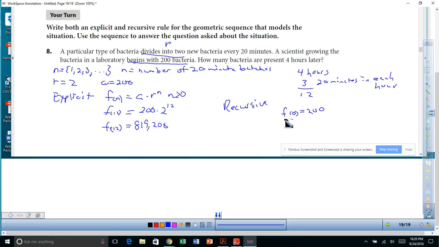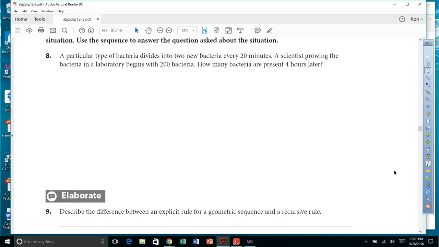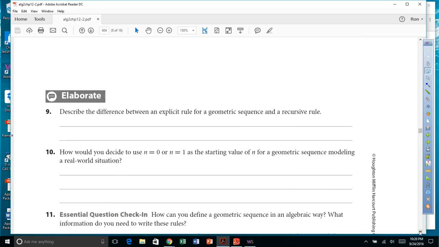And then F of N equals 2 times F of N minus 1, for N greater than or equal to 1, because remember, we started at 0, F of 0. Pretty cool. That bacteria stuff grows fast, don't it?